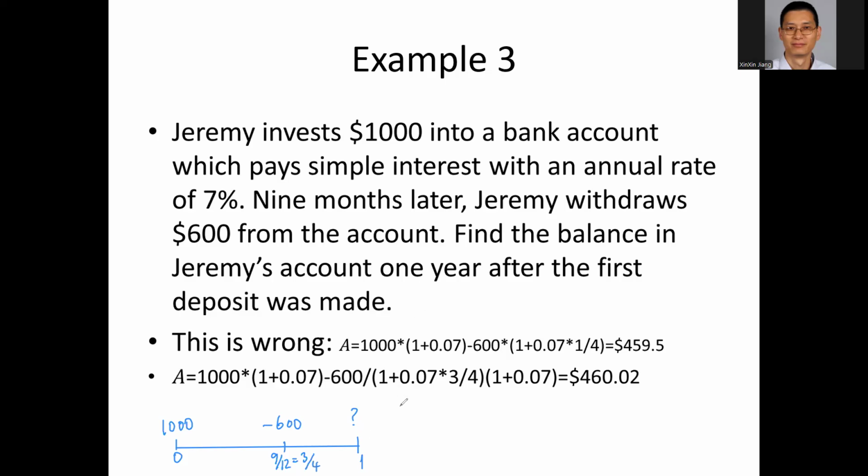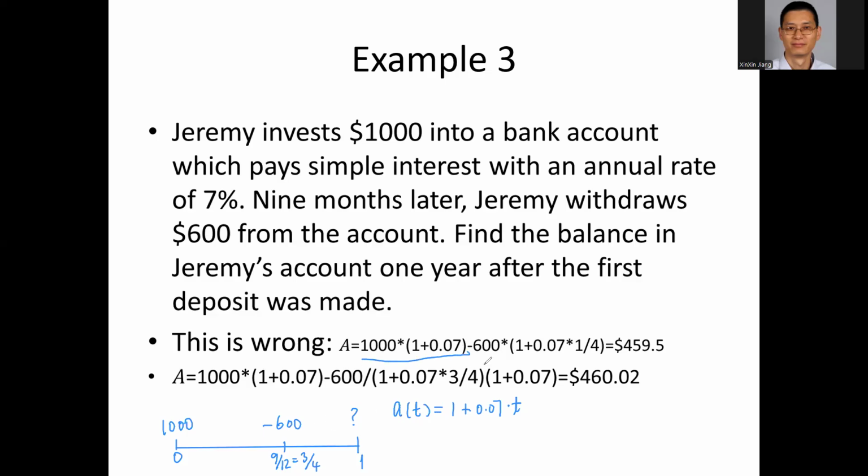And the accumulation function little a of t follows a linear function. It's 1 plus r times t, which is 1 plus 0.07 times t. One common mistake is that you find the accumulated value of $1,000 at time one, which is no problem.